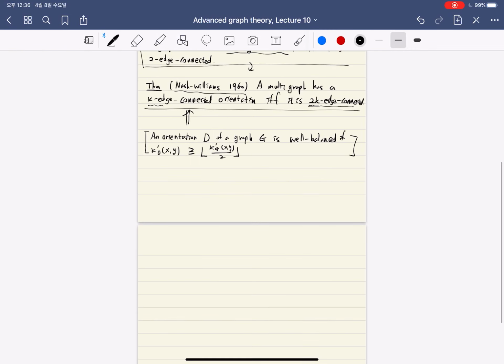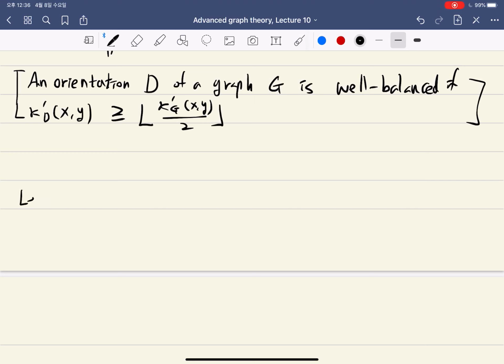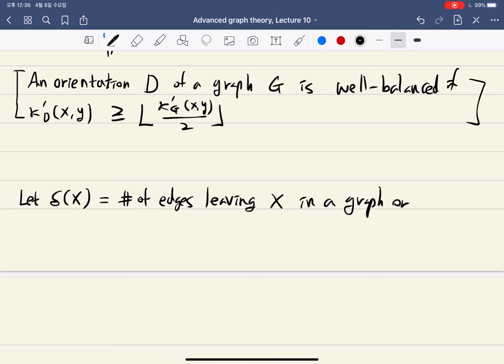In this subsection, let's write δ(X) for a vertex set X to be the number of edges leaving X in a graph or digraph.